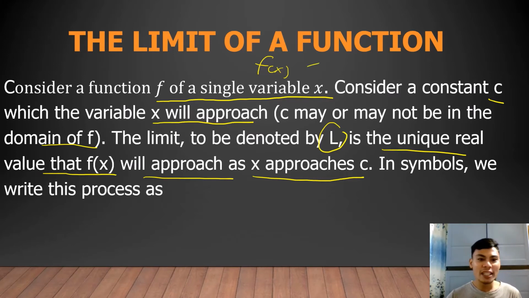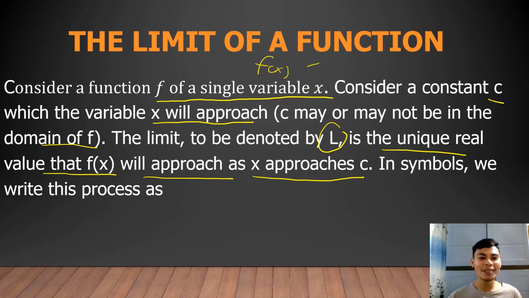Okay, so consider a function f of x. Consider a constant c which the variable x will approach. Then the limit, or L, is the unique. When we say unique, you are unique. Anong ibig sabihin yan? Walang kahalintulad. Diba? You are unique. Nag-iisa lang.